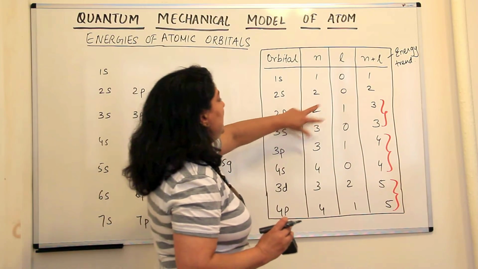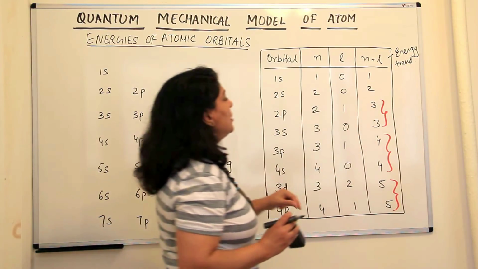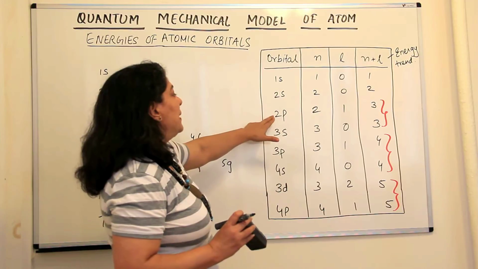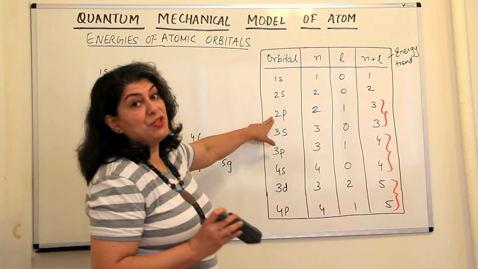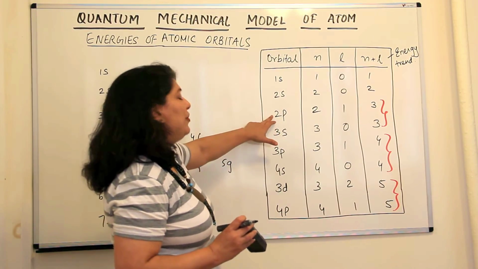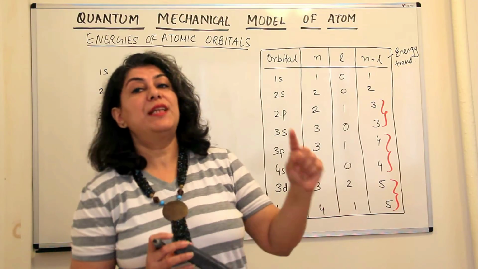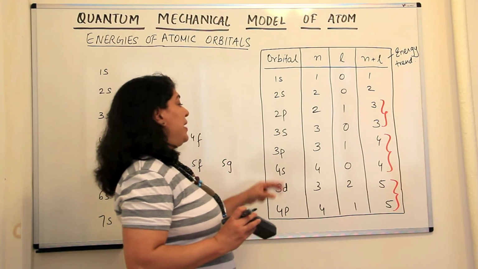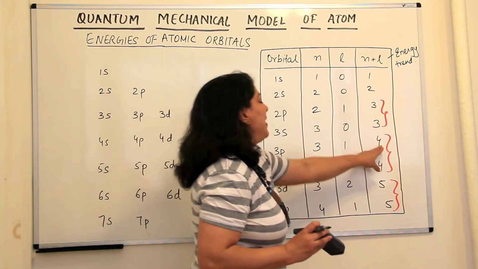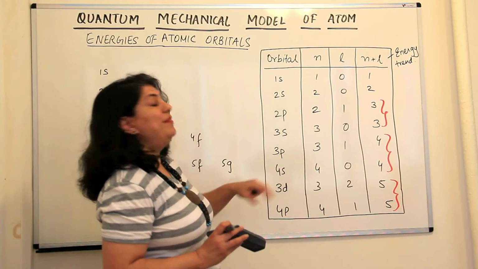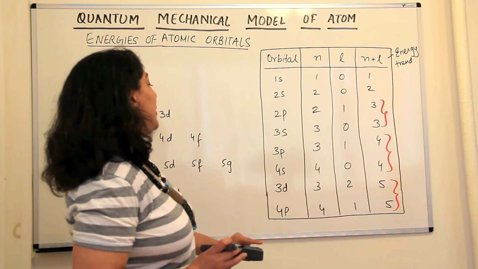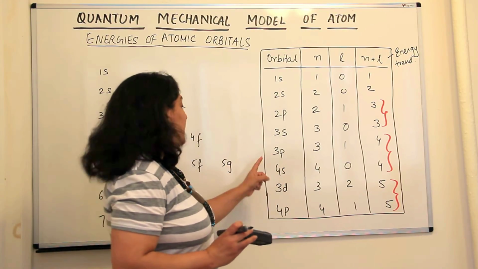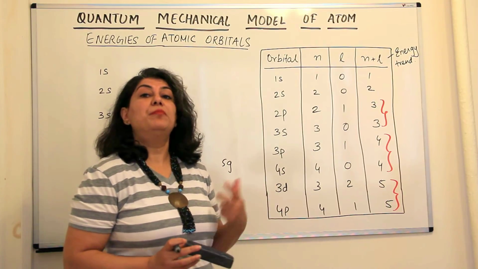So we find that 2p and 3s have the same n plus l values, but n is 2 here and n is 3 there. Therefore 2p will have lower energy than 3s. Similarly, 3p and 4s both have n plus l value 4, but 3p will have lower energy than 4s because 3p has principal quantum number 3 and 4s has principal quantum number 4.